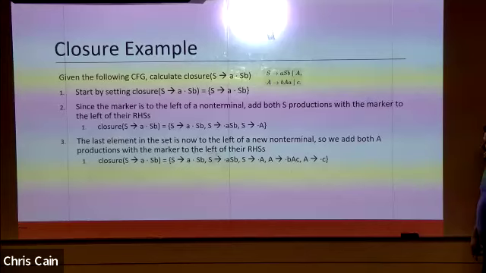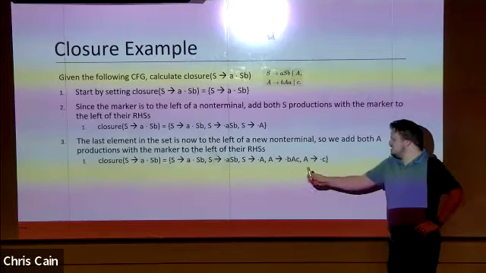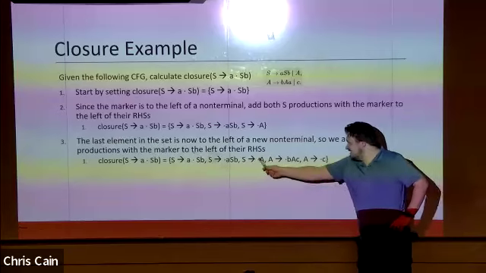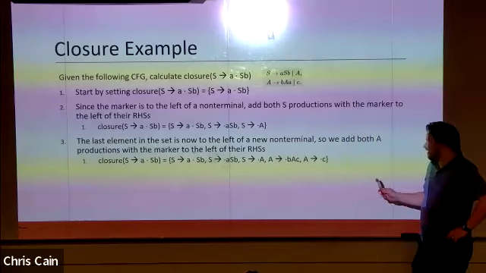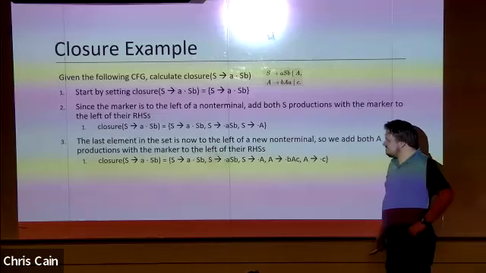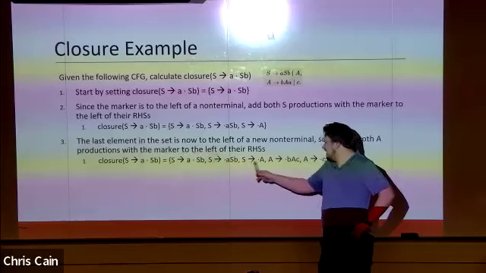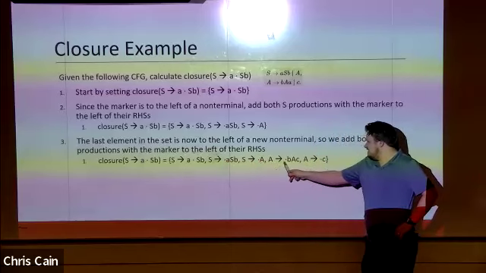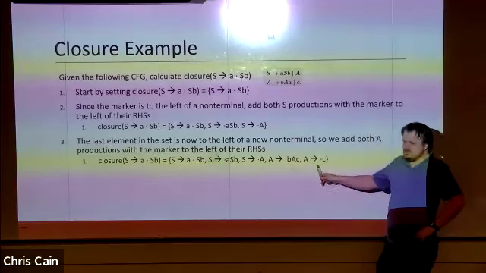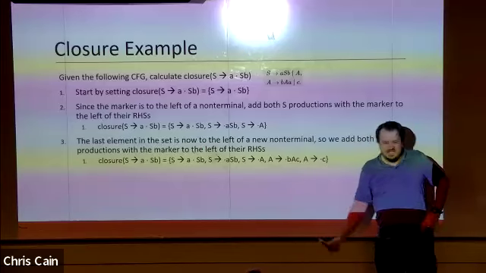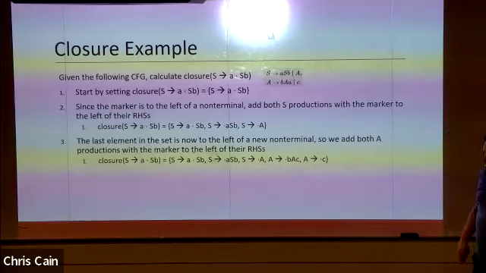Now we loop this process again. Do any of these productions that we haven't already handled start with a dot before a non-terminal? Itself, we already handled that. Already handled that, already handled that. This is a dot before a terminal, this is a dot before a terminal. So nothing new has a dot before a non-terminal, and this procedure terminates.